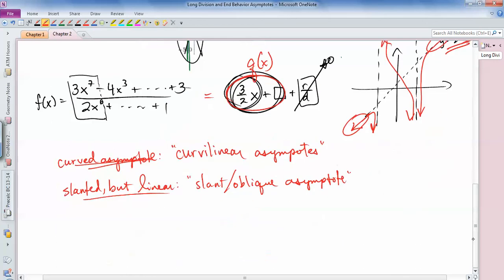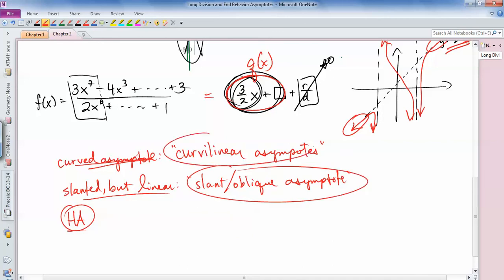And then there's one other type, and those are the ones that we've already studied, horizontal asymptotes too. So there are 3 main types here that we're going to look at: curvilinear, slant or oblique, and horizontal asymptotes. And so if you always do the division, it's always going to be the quotient. These are your 3 types of end behavior asymptotes.